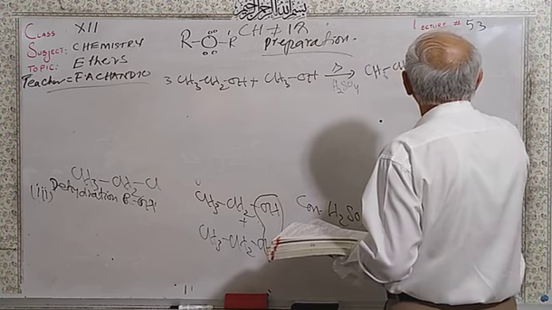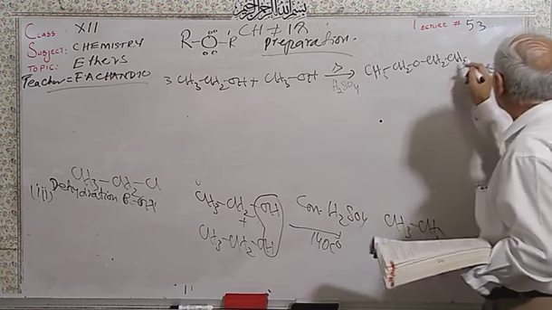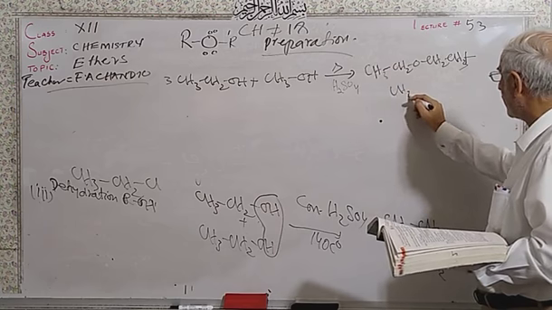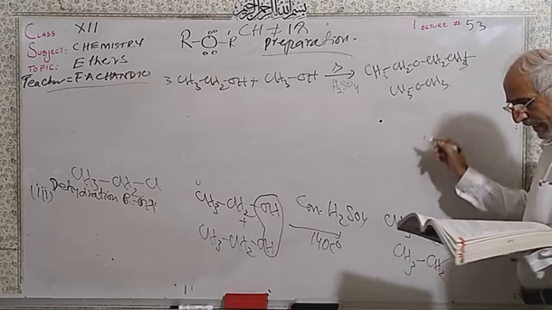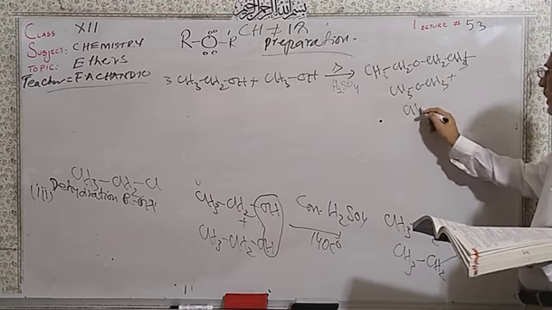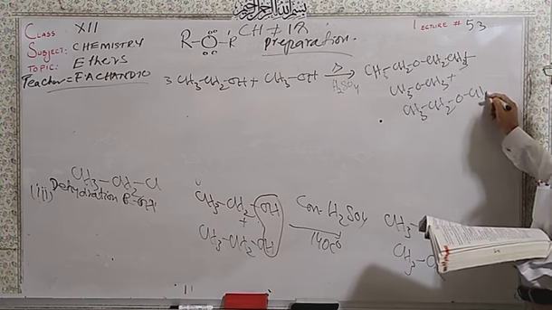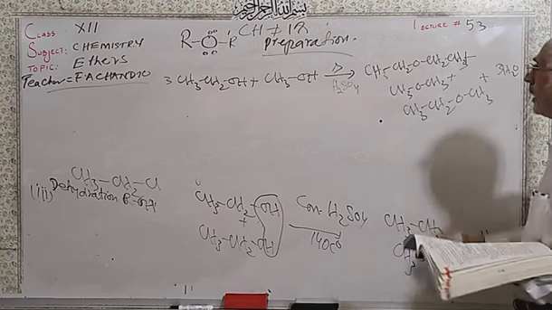You will get diethyl ether and also dimethyl ether, and also unsymmetrical ethyl methyl ether plus 3 water molecules.